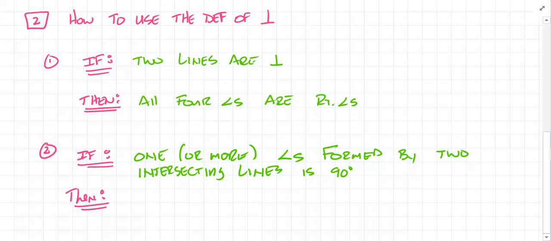If one or more of the angles formed by the two intersecting lines is 90 degrees, what can we then say? Yeah, there you go. Then the lines are perpendicular. Then the lines are perpendicular. And that's the symbol for perpendicular, right? We're allowed to use that. Sound good? Sound good?